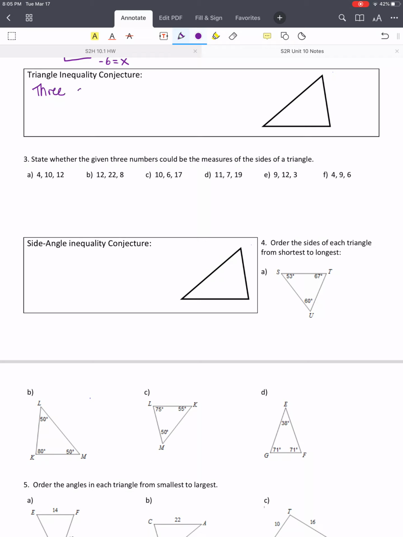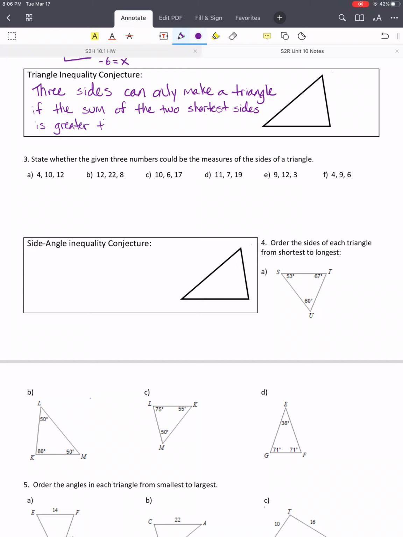Three sides can only make a triangle if the sum of the two shortest sides is greater than the longest side. Okay.